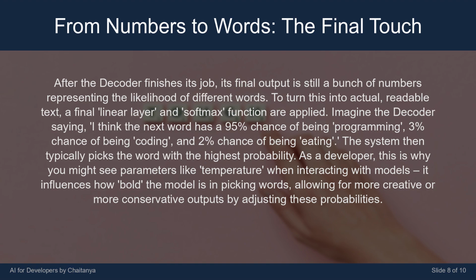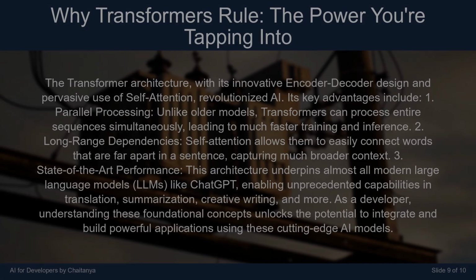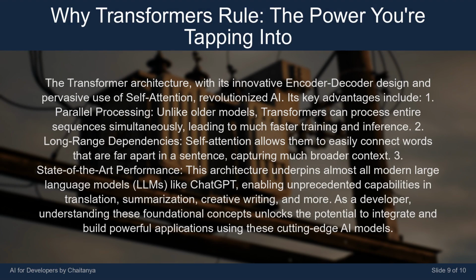The transformer architecture, with its innovative encoder-decoder design and pervasive use of self-attention, revolutionized AI. Its key advantages include: 1. Parallel processing. Unlike older models, transformers can process entire sequences simultaneously, leading to much faster training and inference. 2.